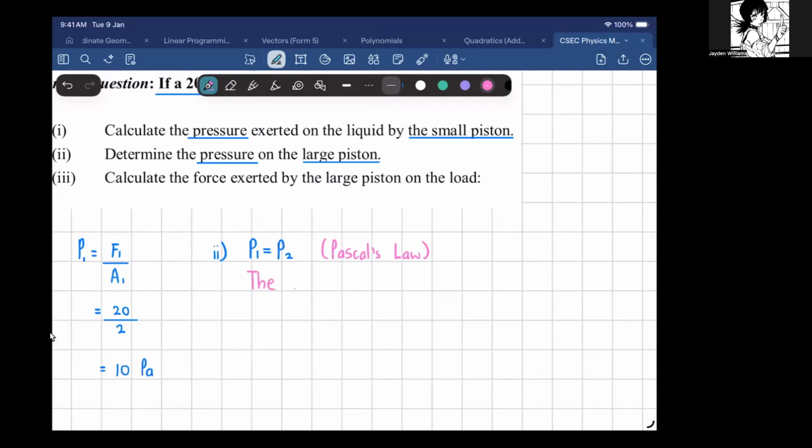The pressure that is applied to an incompressible fluid is the same at every point.